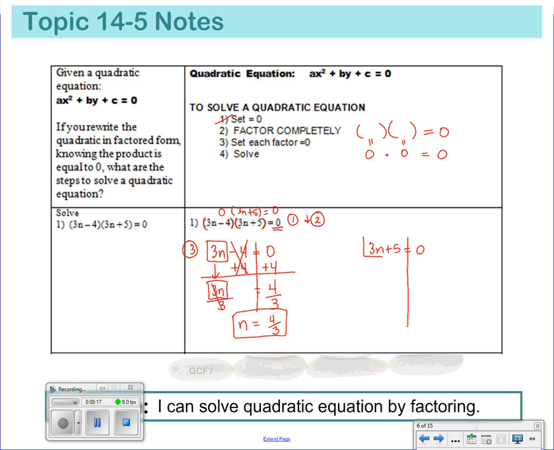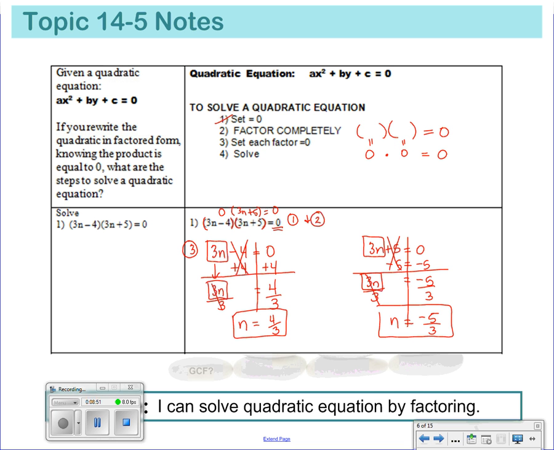Again, I want the n by itself, so I'm going to box in the 3n. We do the opposite of plus 5, so we subtract 5 from both sides. We still have 3n in our box, and then positive 5 minus 5 is 0. 0 minus 5 is negative 5. We need to get the n by itself. It's being multiplied by 3 in that box, so we divide by 3. Cancel out the 3's. We get n equals, and again I cannot simplify this fraction, so it's negative 5/3.